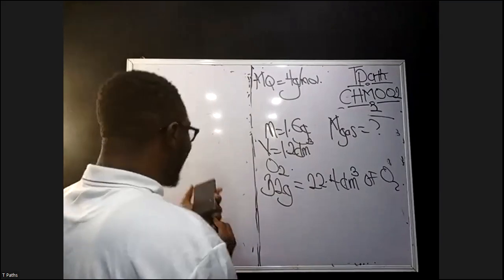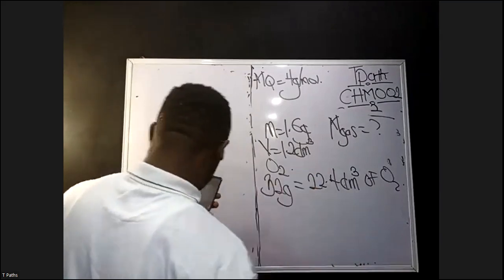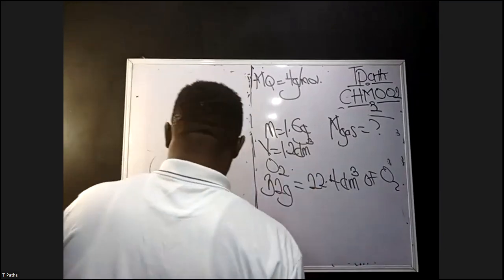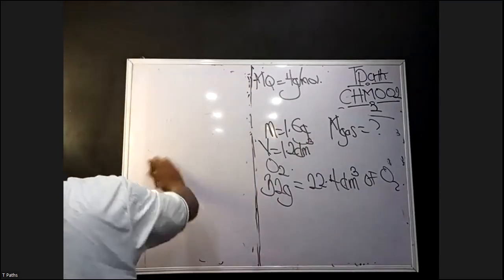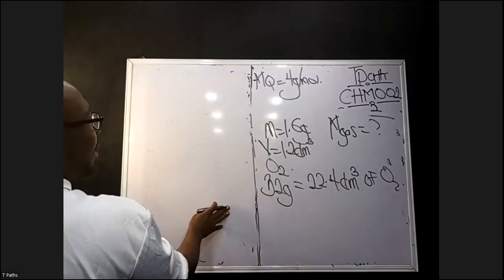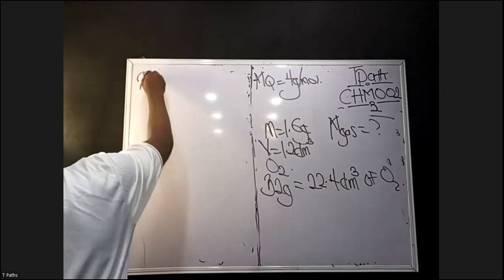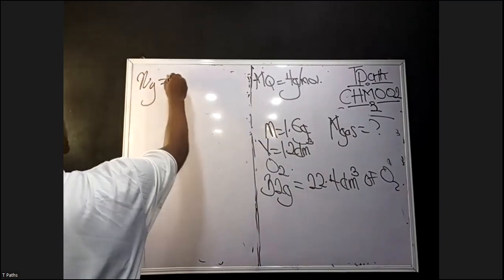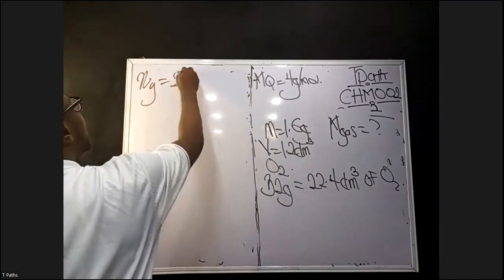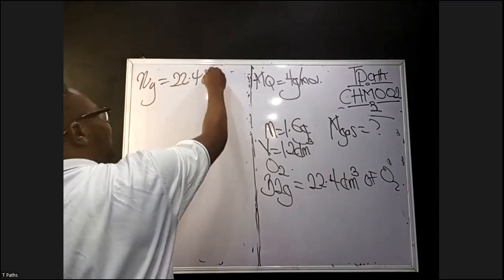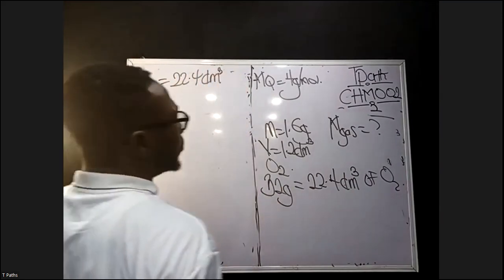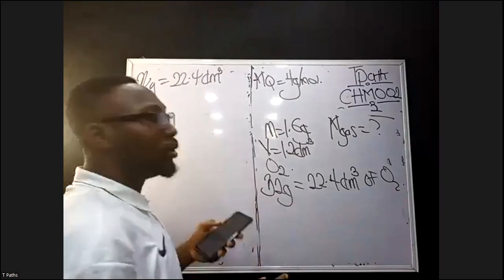Let's say the gas molar mass is X. So X grams will be equal to 22.4 dm³ of the gas at STP.